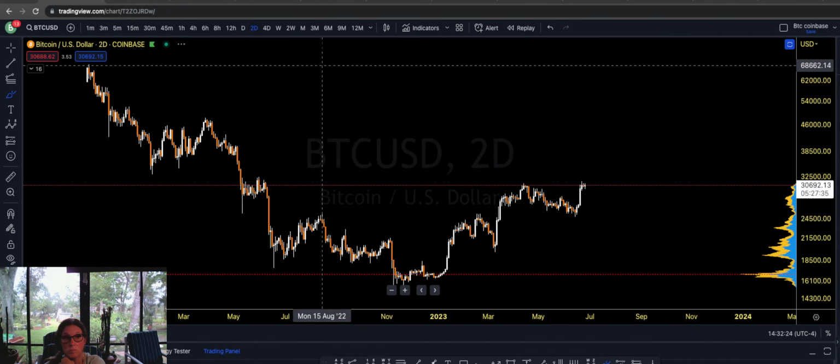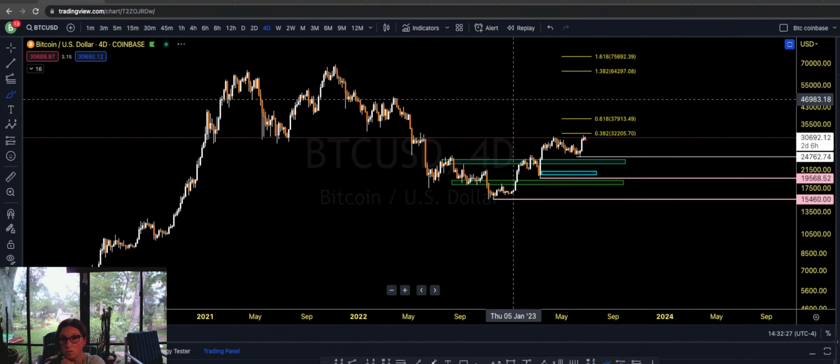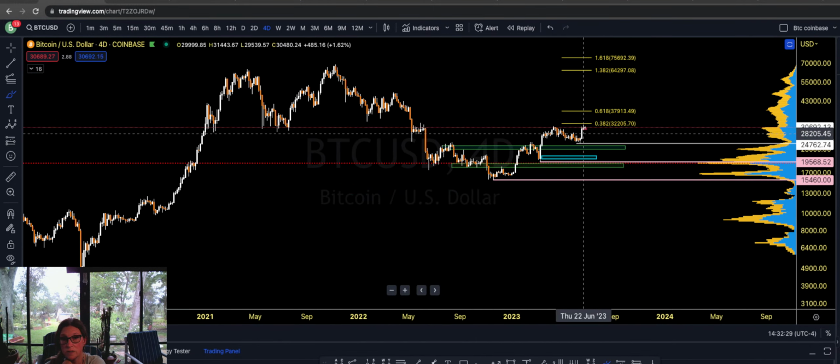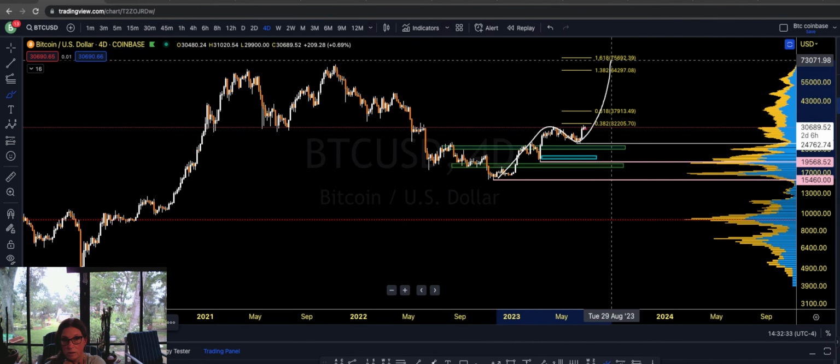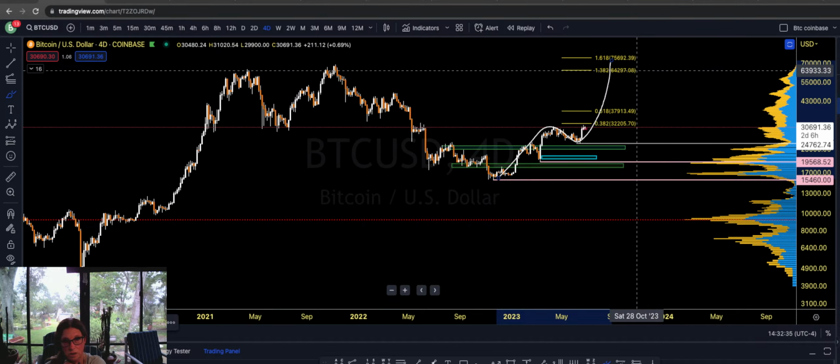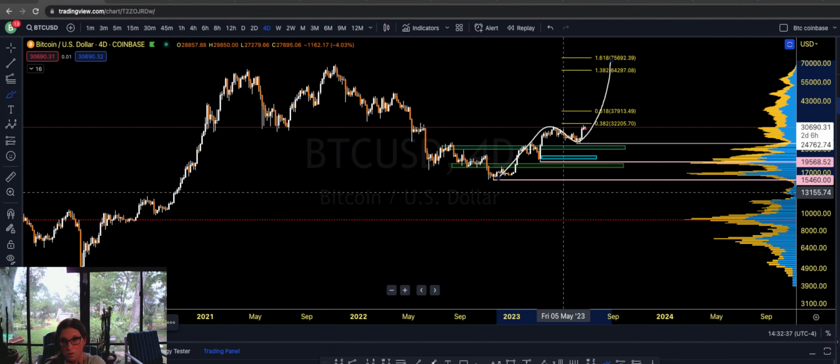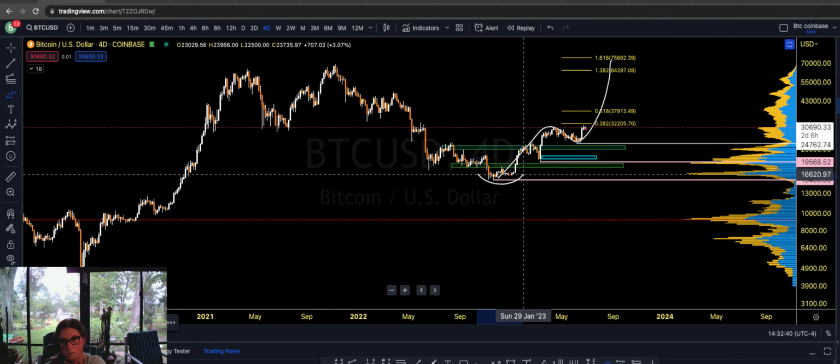Well, we don't know for sure right now. And if we are getting this partner leg, like I said, we could easily range up here and never come near this low.